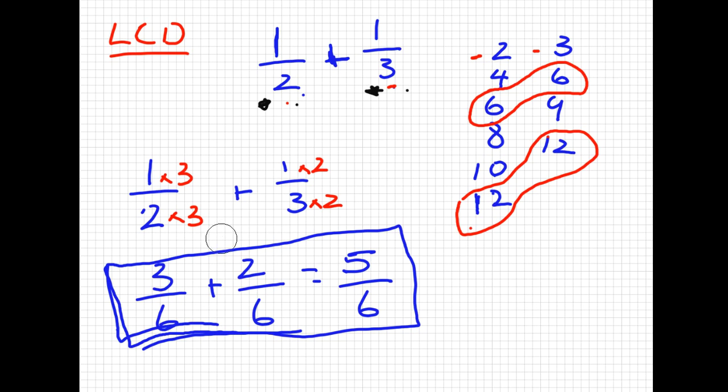But there are situations where it's just not going to be possible to find a lowest common denominator. Situations like that are when we're doing our algebra with fractions, where the denominators involve an x.